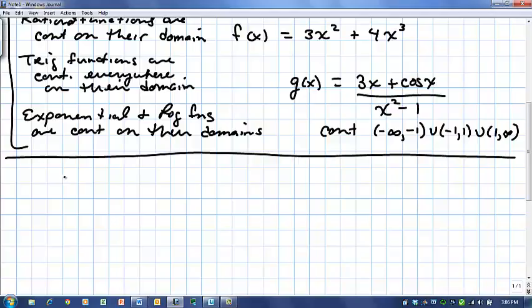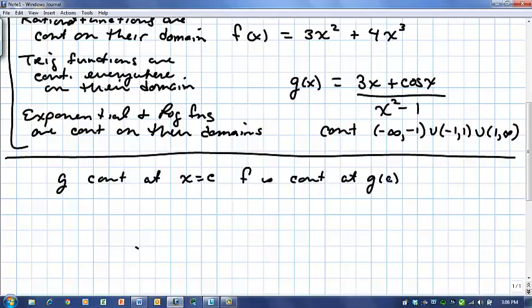So if g is a function that's continuous at some point x equals c, and f is continuous at g of c, then the composite function f composed with g of x, which of course we know is defined as f of g of x, is also continuous at c.